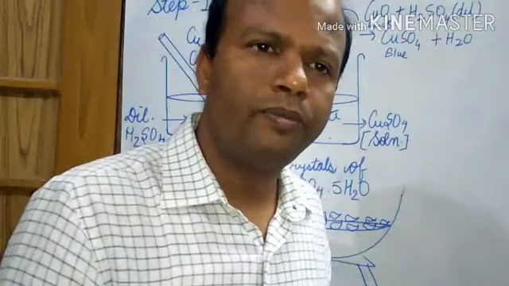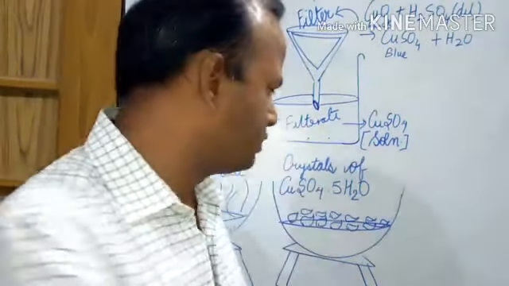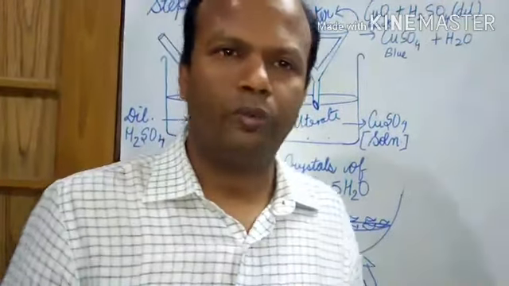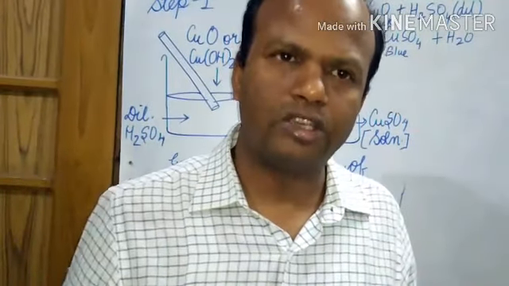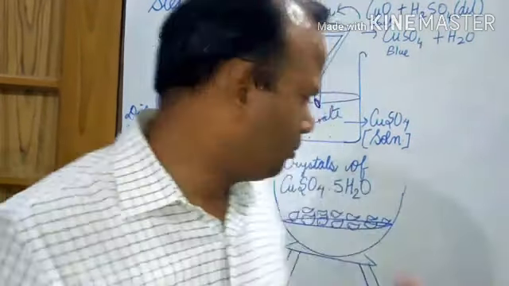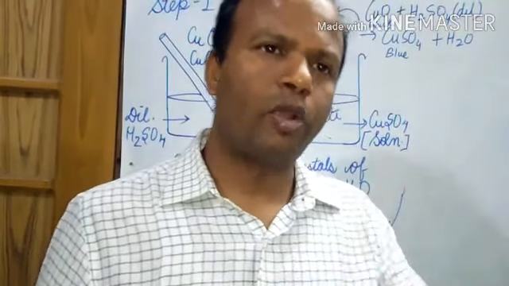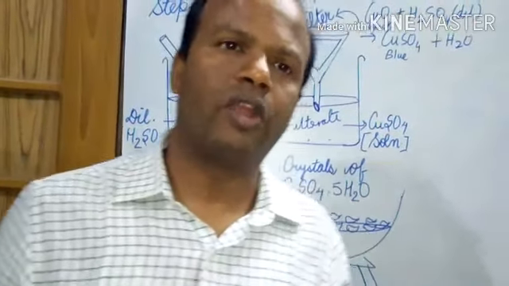You allow it to cool, and during the process of crystallization, the crystals are formed and they take 5H2O. What is 5H2O? It is the water of crystallization. So dear students, one important thing to remember here is that during crystallization, the crystals take some water molecules, which is known as water of crystallization.